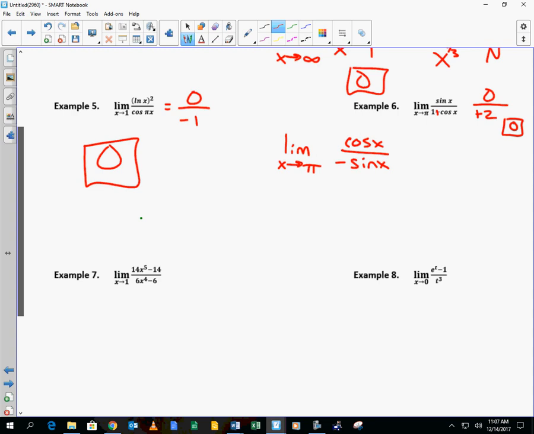If we plug in pi in this situation, we get cosine of pi is negative 1. And what is the sine of pi? We don't know. The limit could be does not exist. The limit could be positive infinity. The limit could be negative infinity. And we don't know unless we really investigate a little bit further.